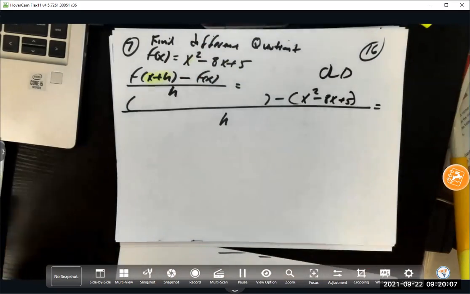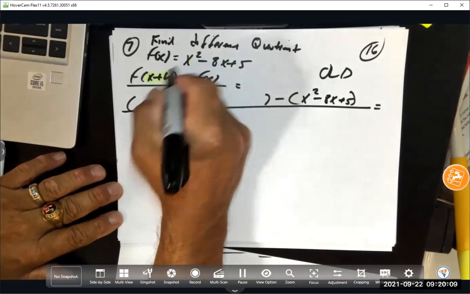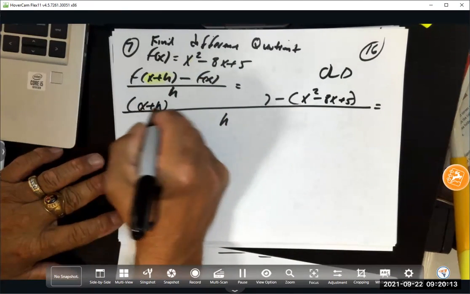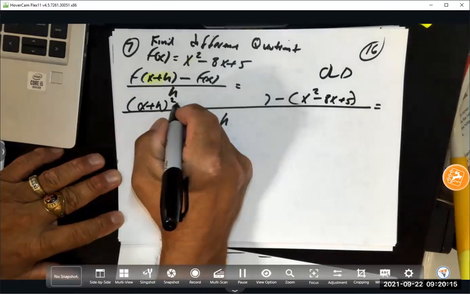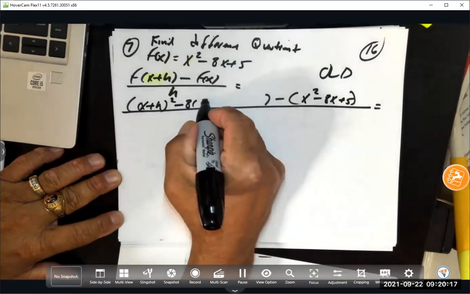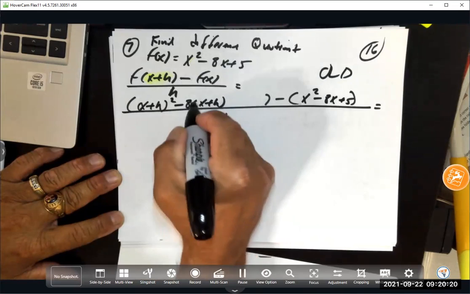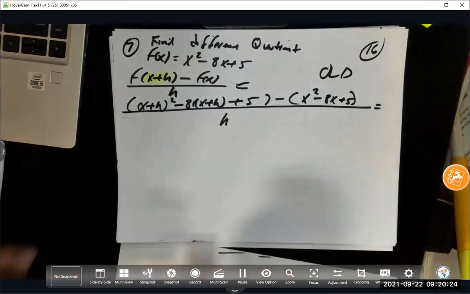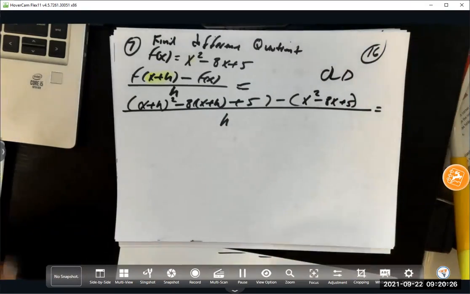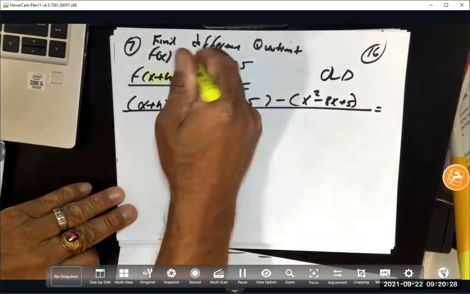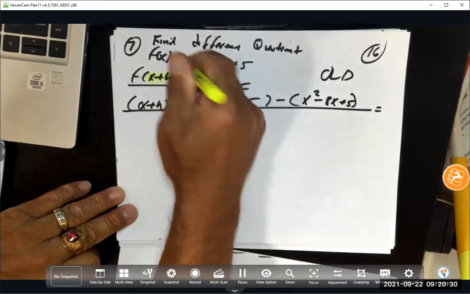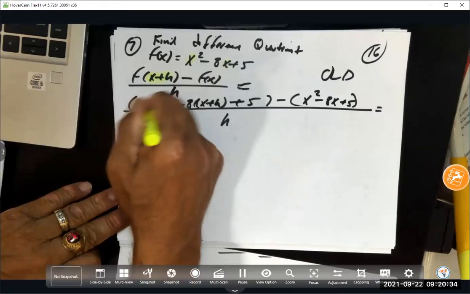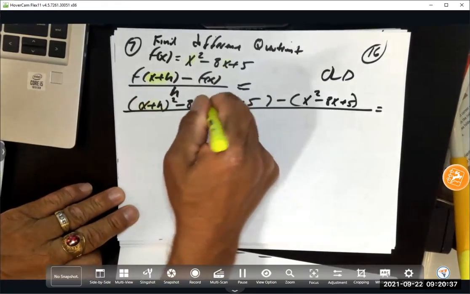So with this x right here, I'm gonna replace it with this: x plus h squared, and minus 8 times x plus h, close it, and then plus 5, like this. So what I did is I put x plus h in here and in here. So now this is what I have. That one and that one. You see those right there?